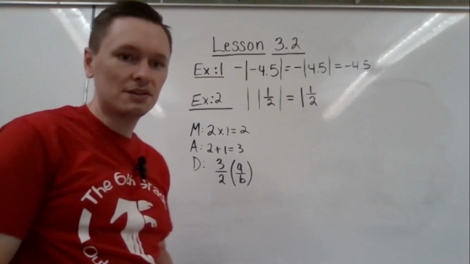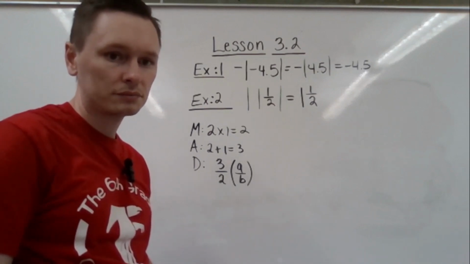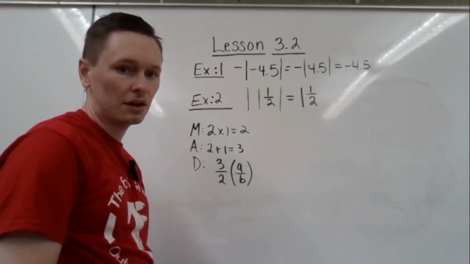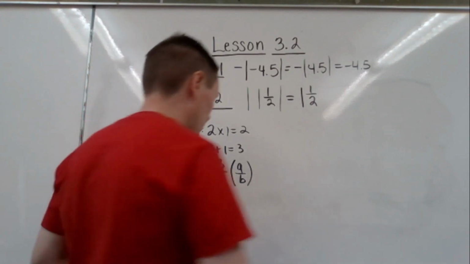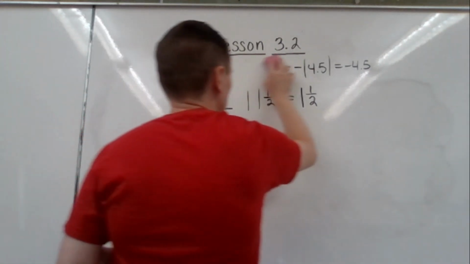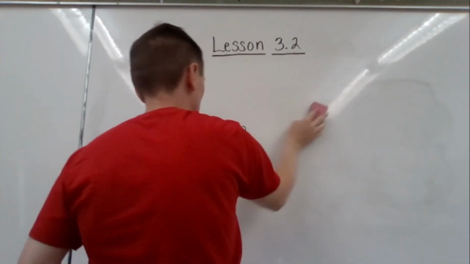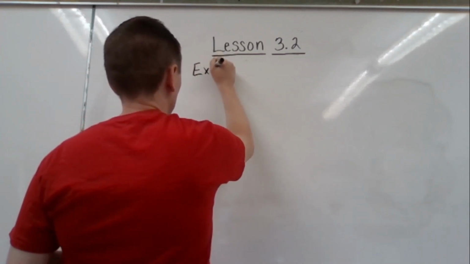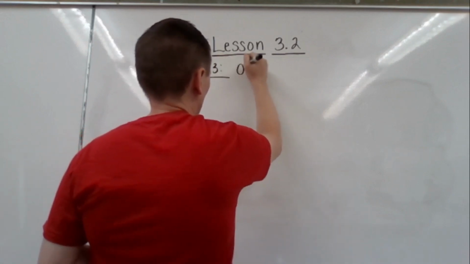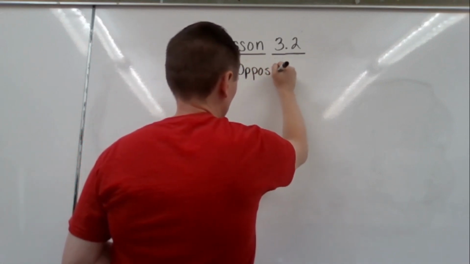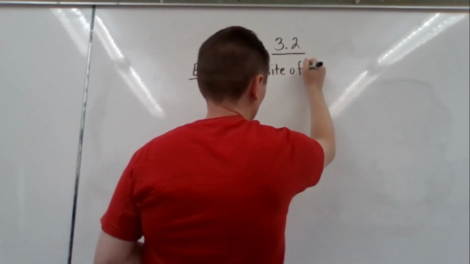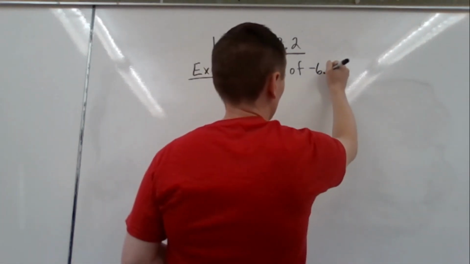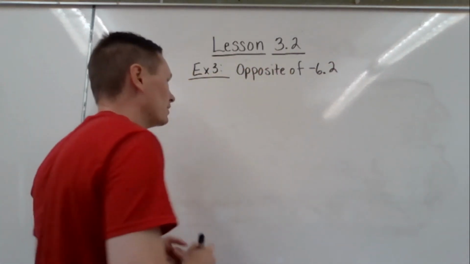All right, number 3. Find the opposite of negative 6.2.